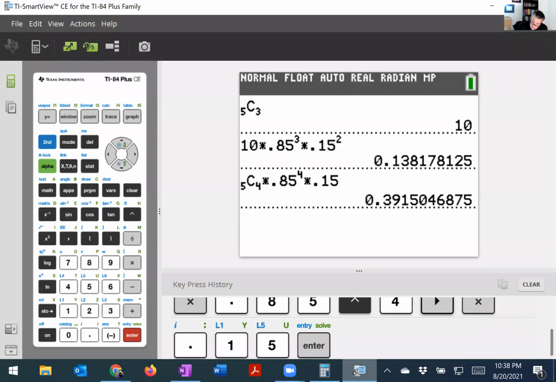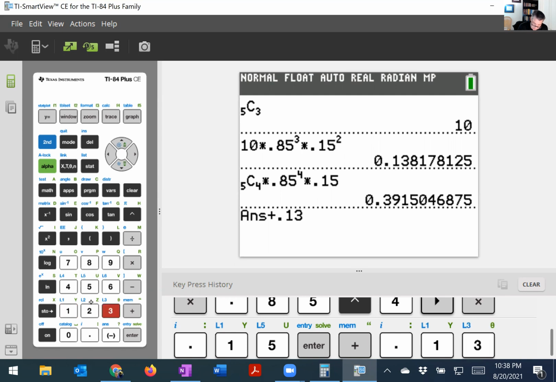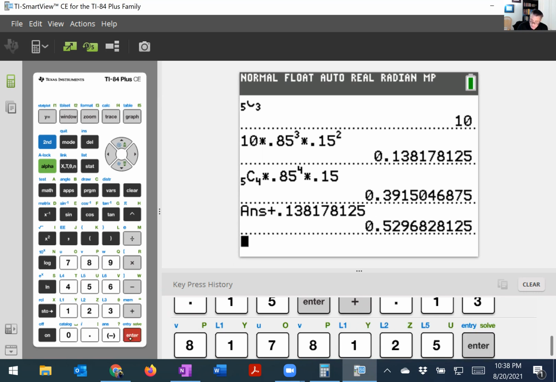So I'm just going to hit the plus sign, and it's going to pull that previous answer, and add the one before it, which I can either arrow up and grab, or I can just type 0.13817815. There we go. And it's 0.5297. So that's 3 or 4.